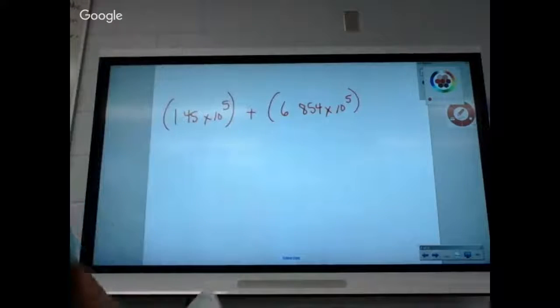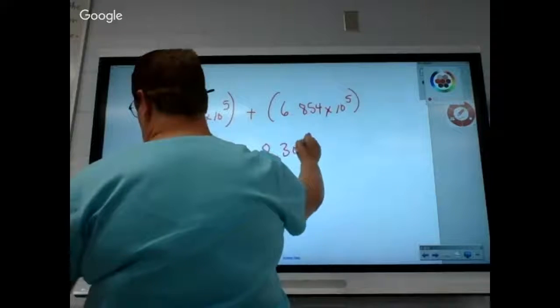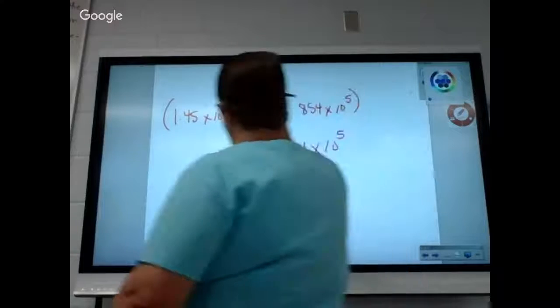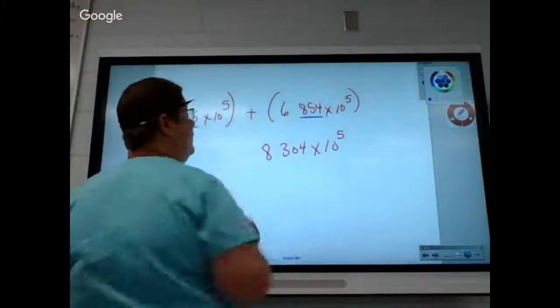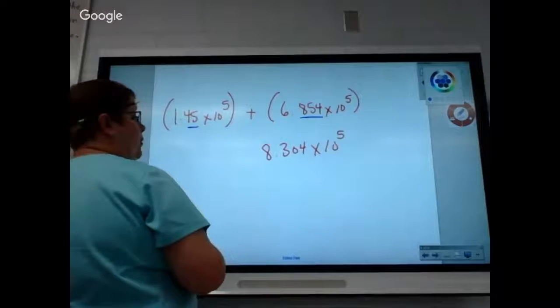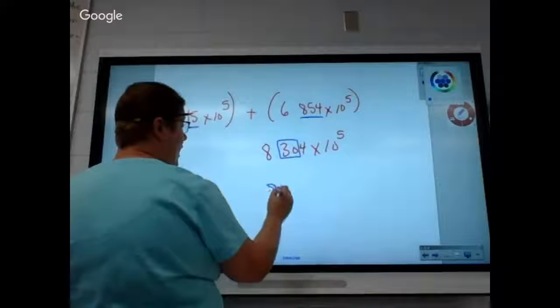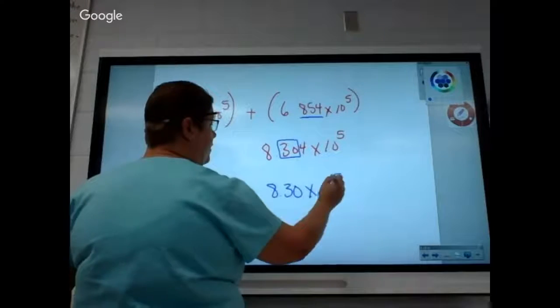Once you do, you get 8.304 times 10 to the 5th. How many places behind the decimal are here? How many places are behind the decimal here? So what's the least number? I'm keeping these 2 right here. So I rounded to 8.30 times 10 to the 5th.